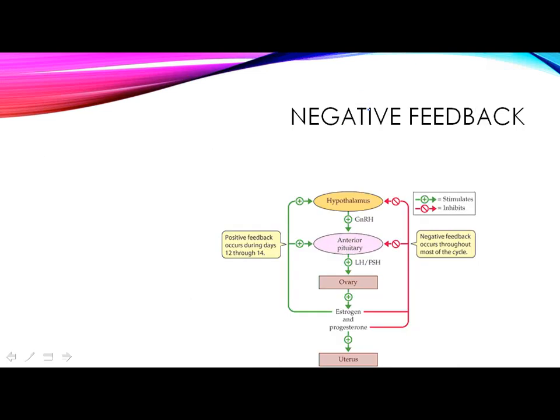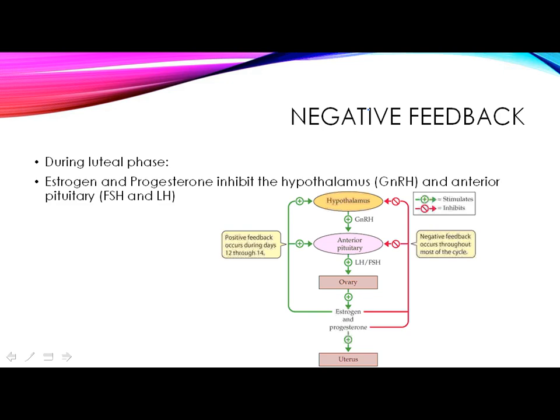The negative feedback is happening throughout definitely the back half of this cycle. So during the luteal phase, this is in the ovary, estrogen and progesterone are going to go back to the anterior pituitary, go back to the hypothalamus, and keep things regulated.